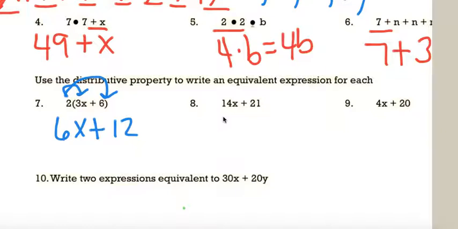Now, for number 8 and number 9, we're going to have to kind of think in reverse. We're going to have to pull out what's being distributed. It was already distributed, so kind of like the answer that we got here is given to us in the problem here. We have to find out what did they distribute out. We do that by finding a common factor.